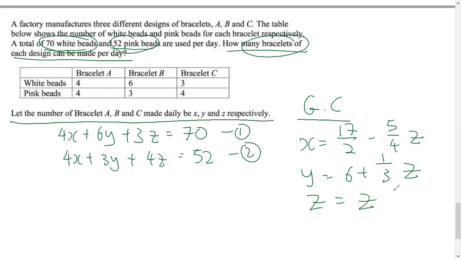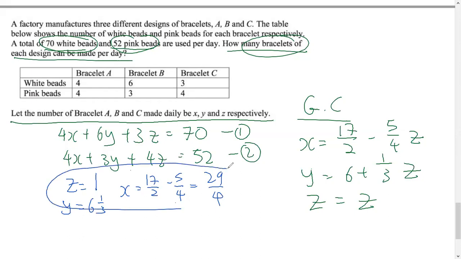If I use a guess and check method, and let Z be equal to 1, Y will be 6 1/3, and X will be 17/2 minus 5/4, which gives 34 minus 5, so it should be 29/4. We know this solution is not possible because X, Y, Z is the number of bracelets and it has to be integer values.